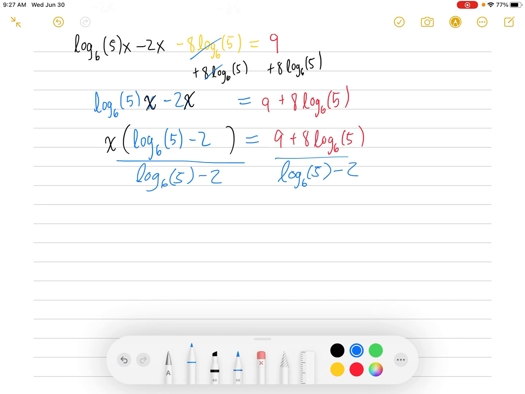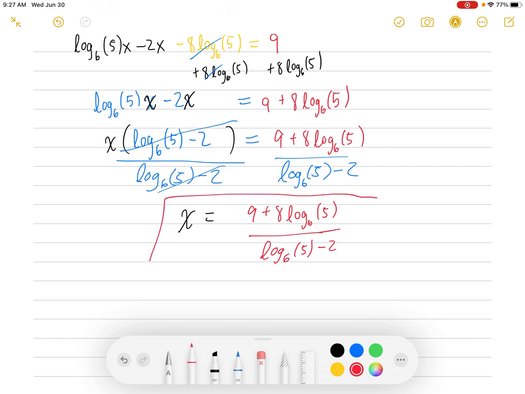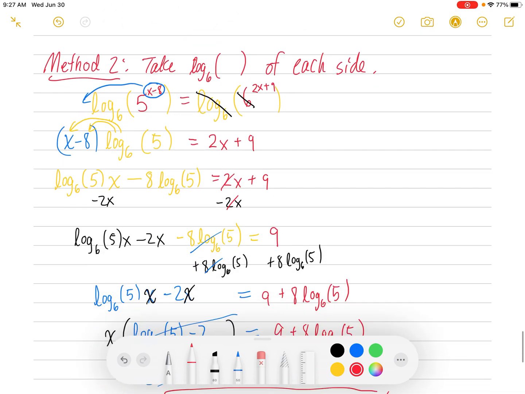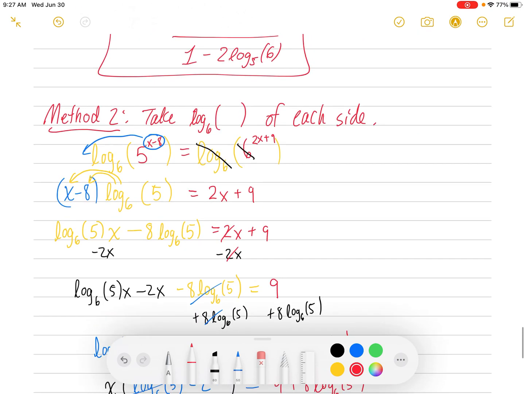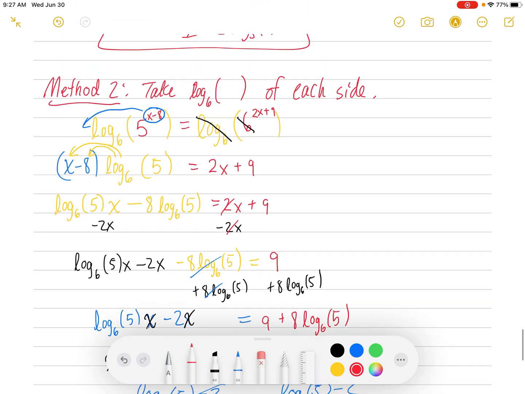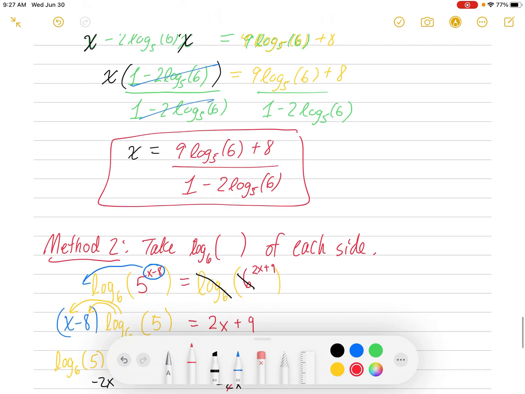That's equal to 9 plus 8 log base 6 of 5. And then to eliminate the blue on the left, you divide both sides by blue log base 6 of 5 minus 2. So do it on the left, do it on the right. On the left, blues cancel, and you get x is 9 plus 8 log base 6 of 5 over log base 6 of 5 minus 2.